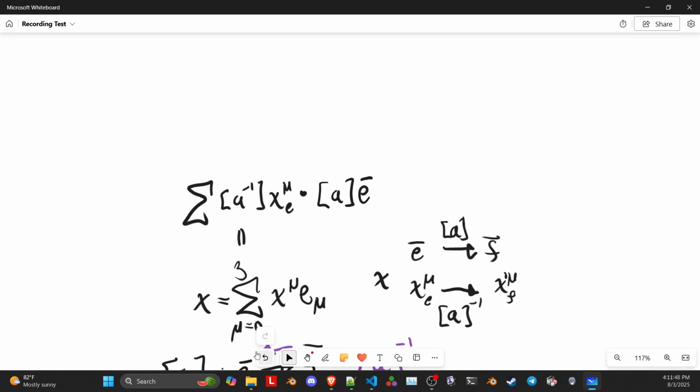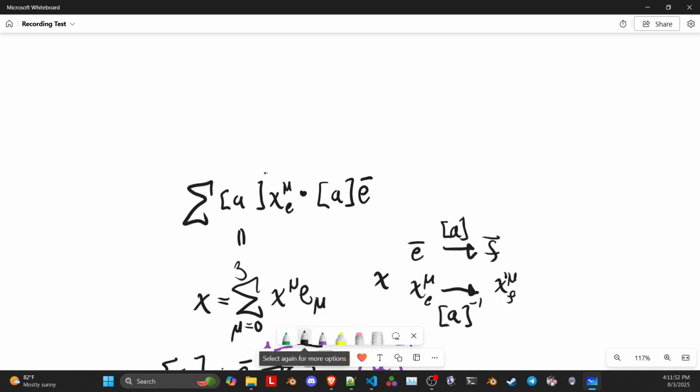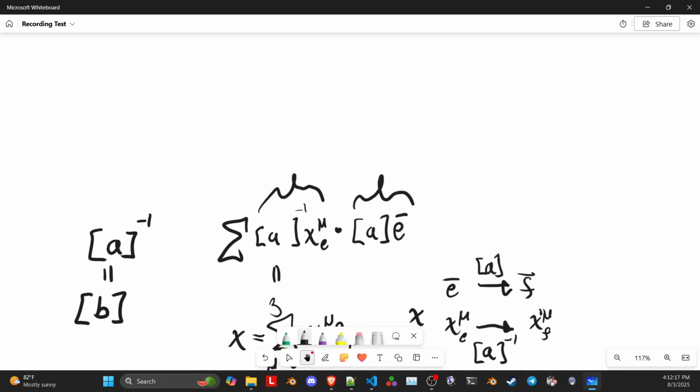So I'll just fix a notation for the inverse first. I will call the components of A inverse B, and I'll use the same notation convention that I did for A. So now this is going to be a matrix acting on these components. This is a matrix acting on these vectors. Each of those involves a sum.